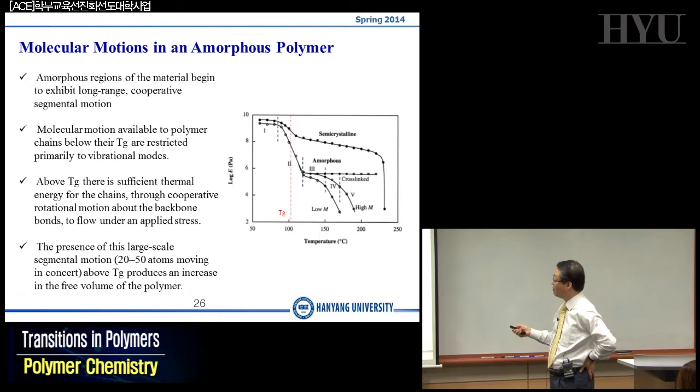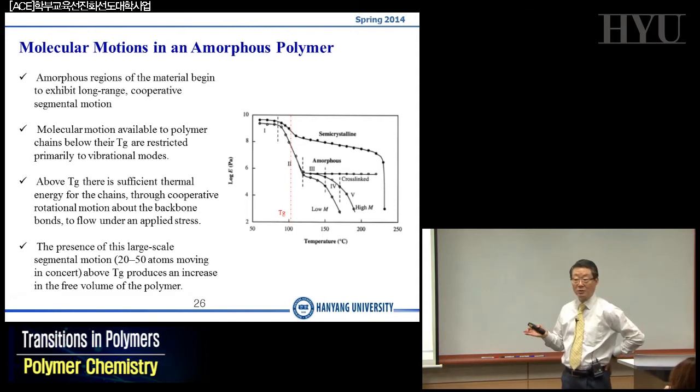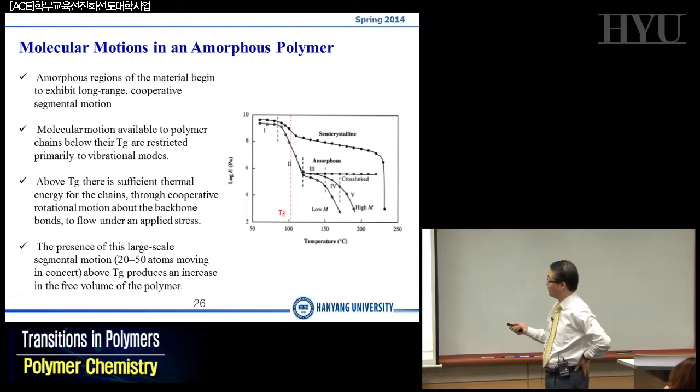If you have some crystalline portion, of course, this could be a melting temperature. But if you don't have any melting portion, then this could be the decomposition temperature. So depending upon whether you have crystallinity, this temperature is a little different. High molecular weight polymer versus low molecular weight polymer also differ a little in the final temperature of the decrease.